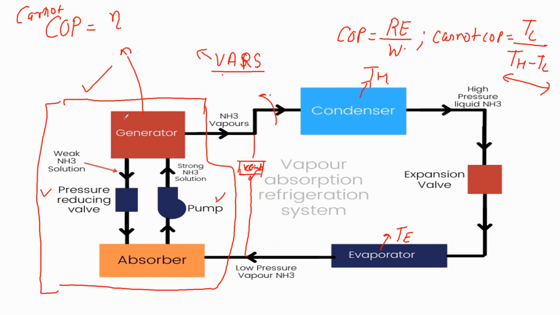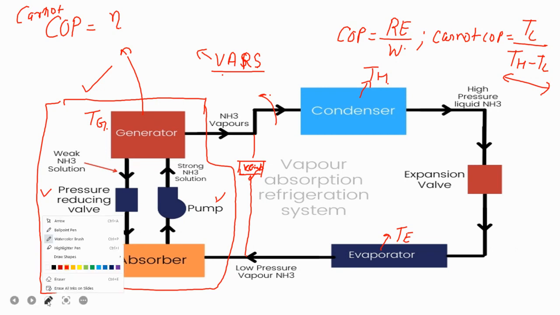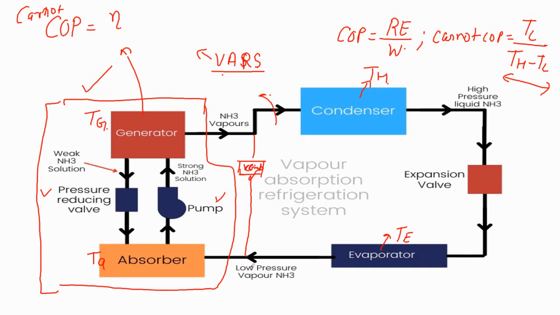Now what if the temperature of the generator is Tg and the temperature of the absorber is Ta? What is the efficiency of this system? You have studied this in thermodynamics: the efficiency of a system is higher temperature minus lower temperature divided by higher temperature.